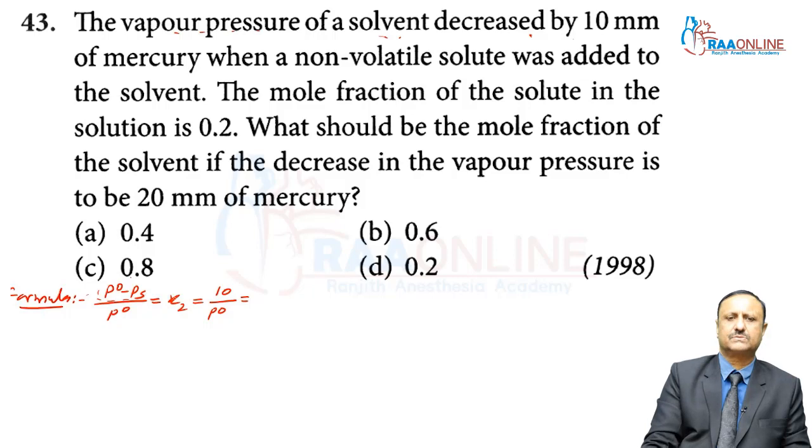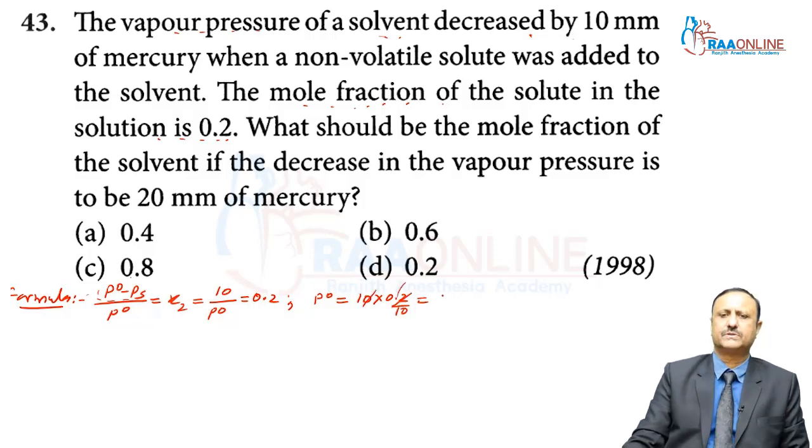My dear students, X2 is the mole fraction, and in this question the mole fraction is already given, that is 0.2. Then you can solve for P0, that is 10 into 0.2 means 2. P0 is equal to 0.2 multiplied by 2.